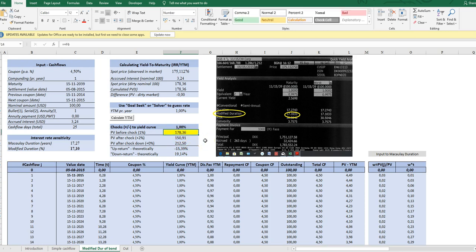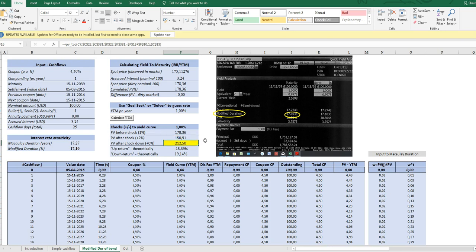Today we have this present value of the bond, and let's shock it. Interest rate goes up by 1%, and we get a massive drop in the theoretical bond price.